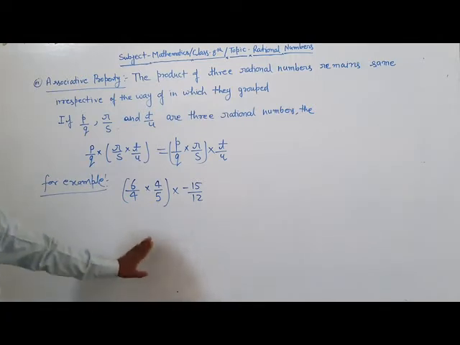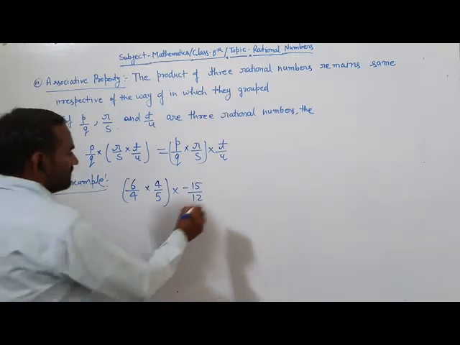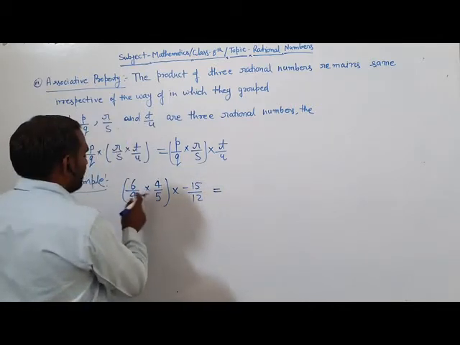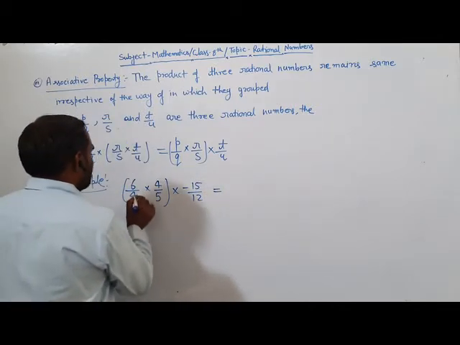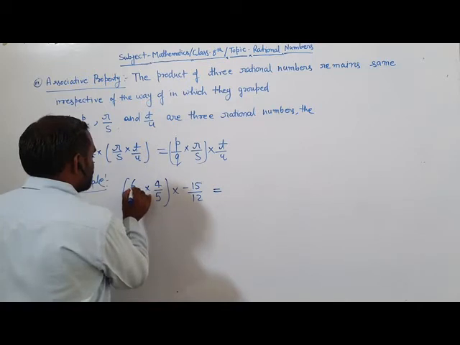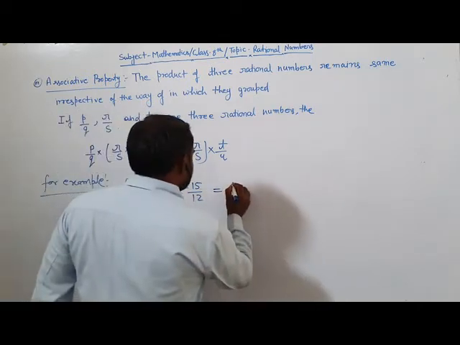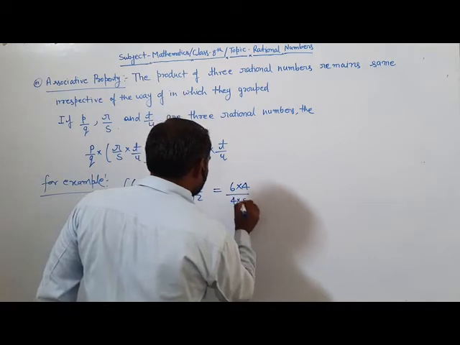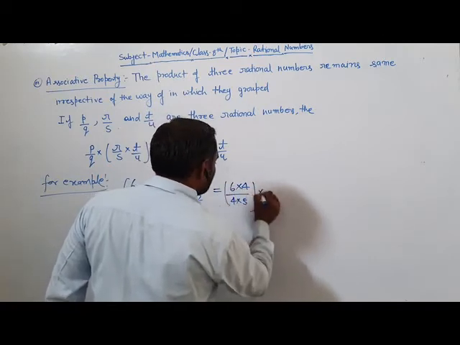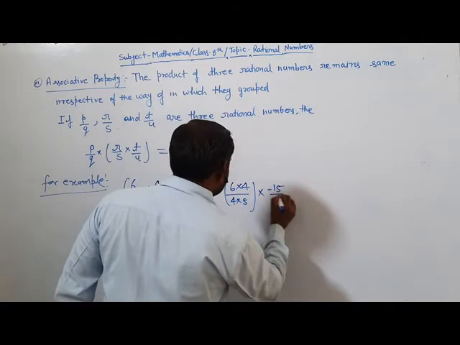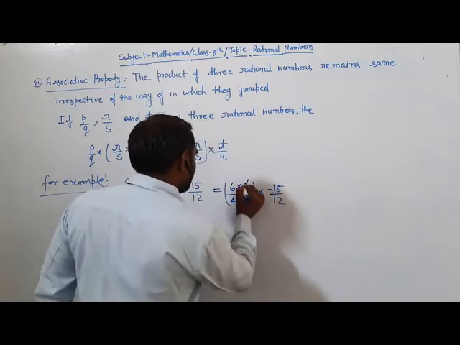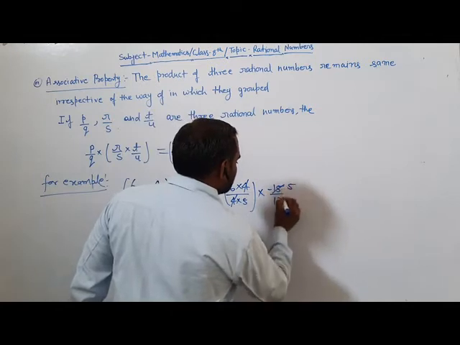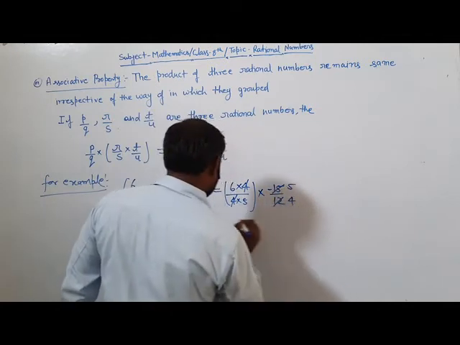So let's start. First of all, we multiply the denominators. 6 into 4, 4 into 5 under bracket, into minus 15 by 12. 4 will be cancelled. 3 fives are 15, 3 fours are 12.